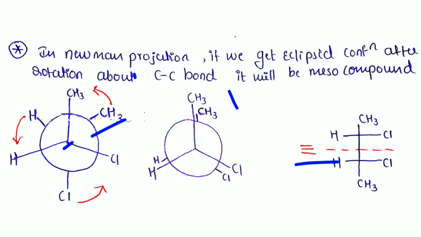This is represented by R configuration and this is S configuration, so they are opposite in direction to each other. The net effect is 0, a null effect. It is a meso compound. So for meso compounds it is easy. If you have any D and L, first convert D and L into a Fischer projection. You can check, it will be easier for you.